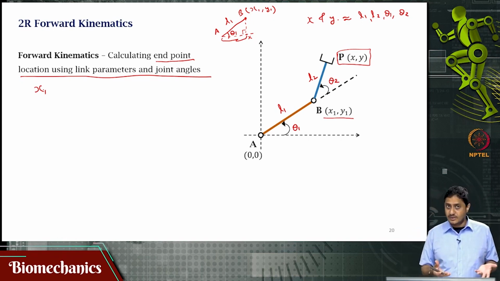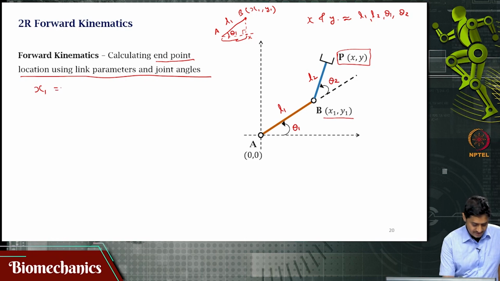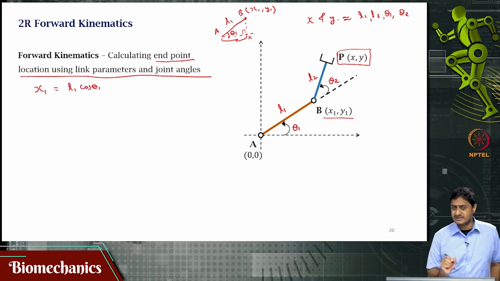Well, I know theta 1. So, cos theta 1 is adjacent side by hypotenuse, and since I know theta 1, I can actually write out x1 as L1 cos theta 1. How am I getting this?